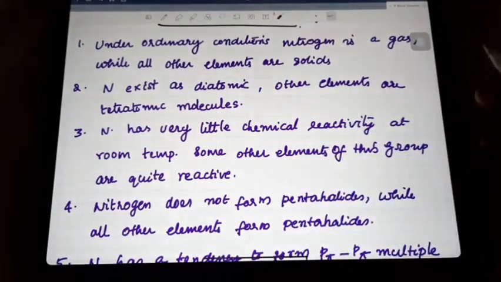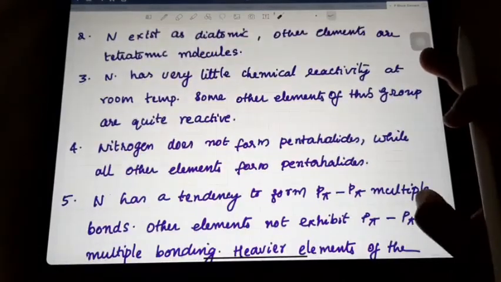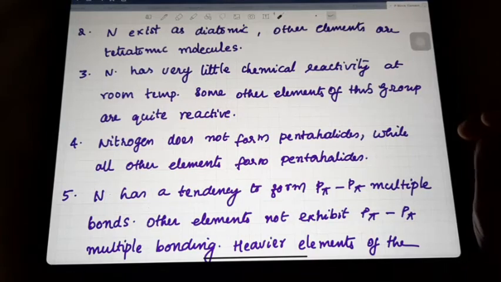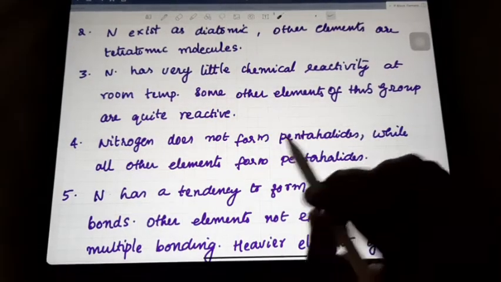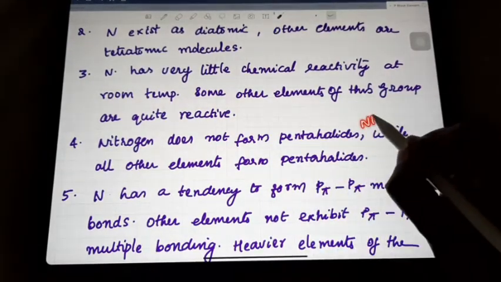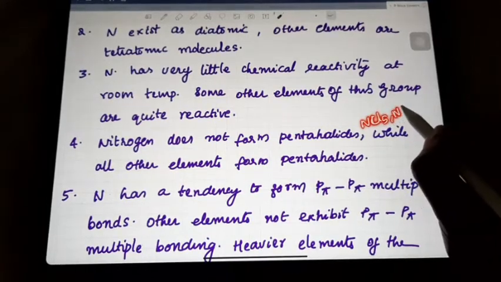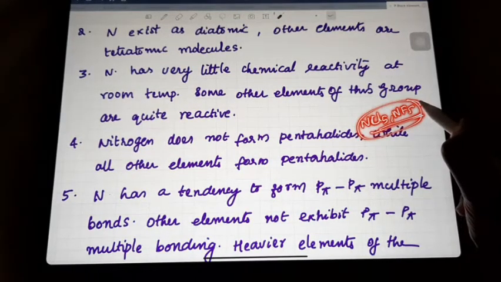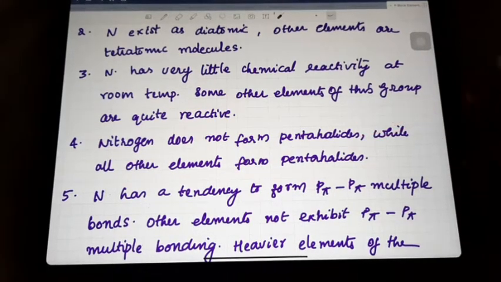Then nitrogen forms trihalides only, and it does not form NCl5, NF5. Likewise, there is no chance of forming pentahalides, but other members form pentahalides.